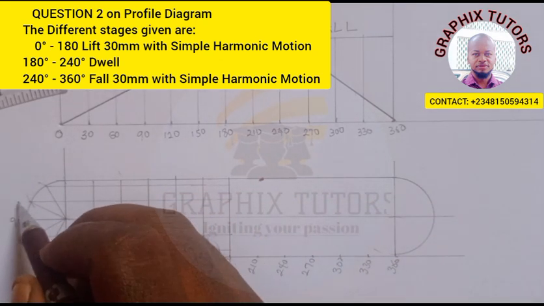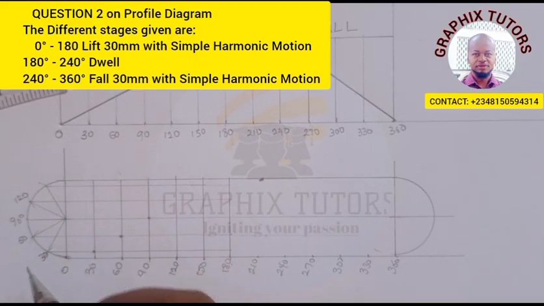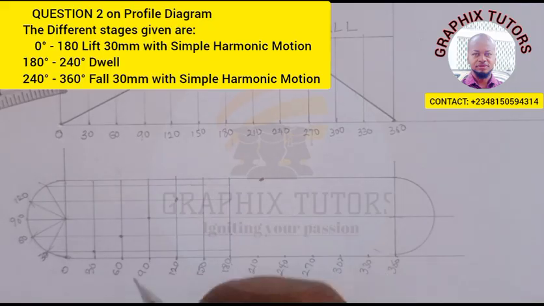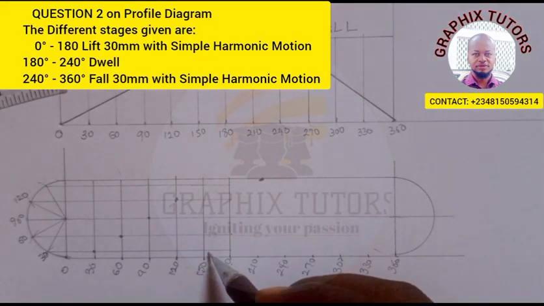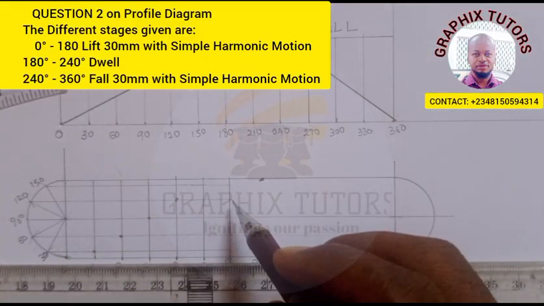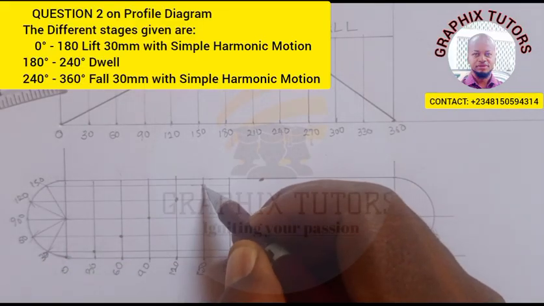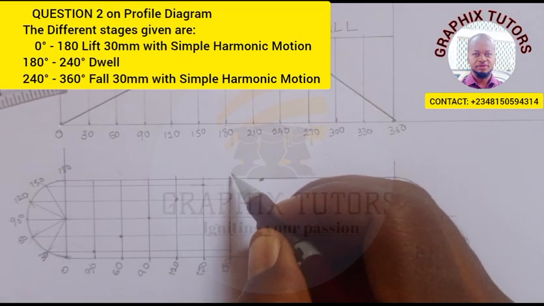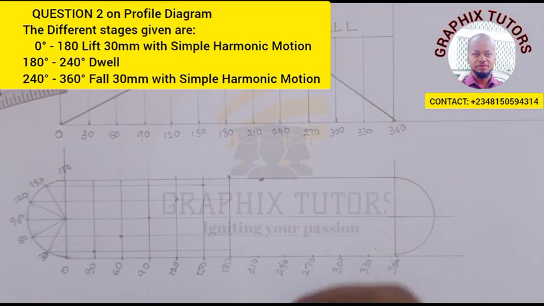The next one is 120 degree. So the 120 is coming to meet 120 here, right? And the next one is 150 degree. The 150 is coming to meet 150 here. And the last one on the list is 180 degree, and it's coming here to meet 180 at this point.